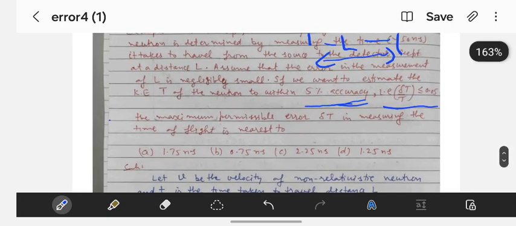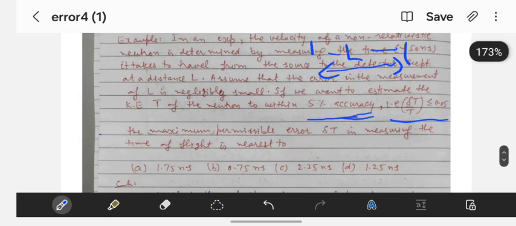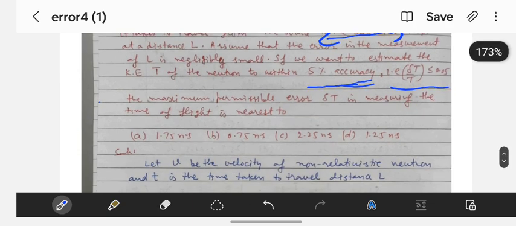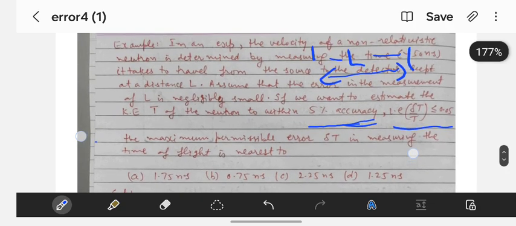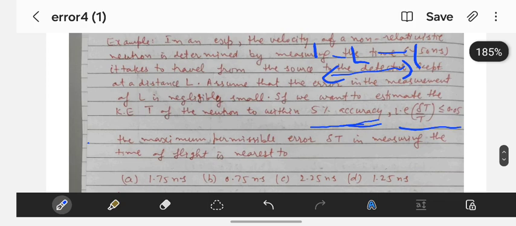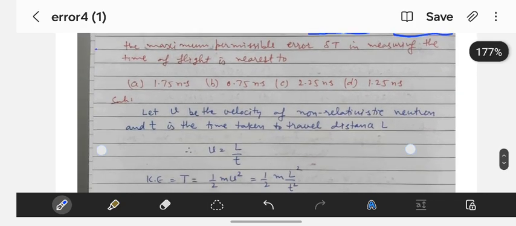So we need to find the kinetic energy within 5% error, that is delta T by T less than or equal to 0.05. The maximum permissible error delta t in measuring the time of flight is nearest to. So we need to find the maximum permissible error in t. So how will we find it?